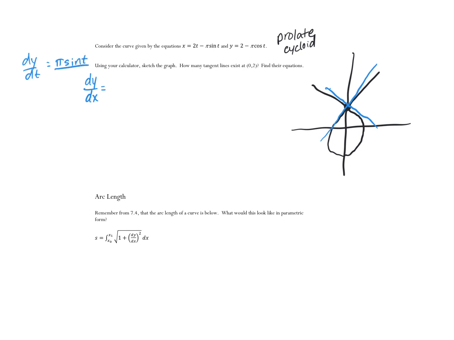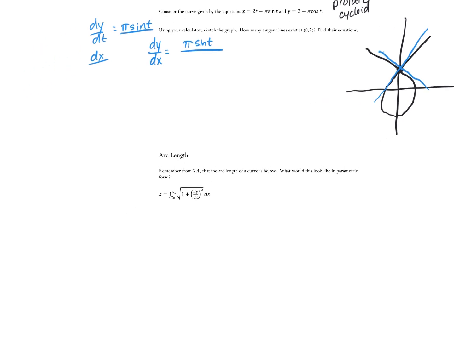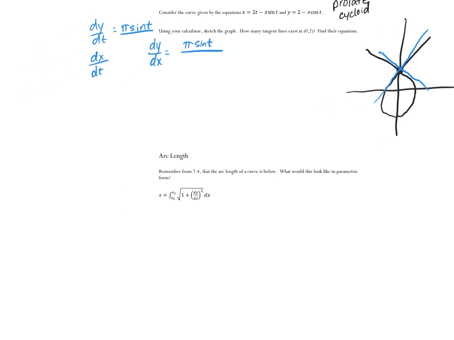And so that'll be the numerator of my dy/dx, pi sine t. And dx/dt would be 2 minus pi cosine t.